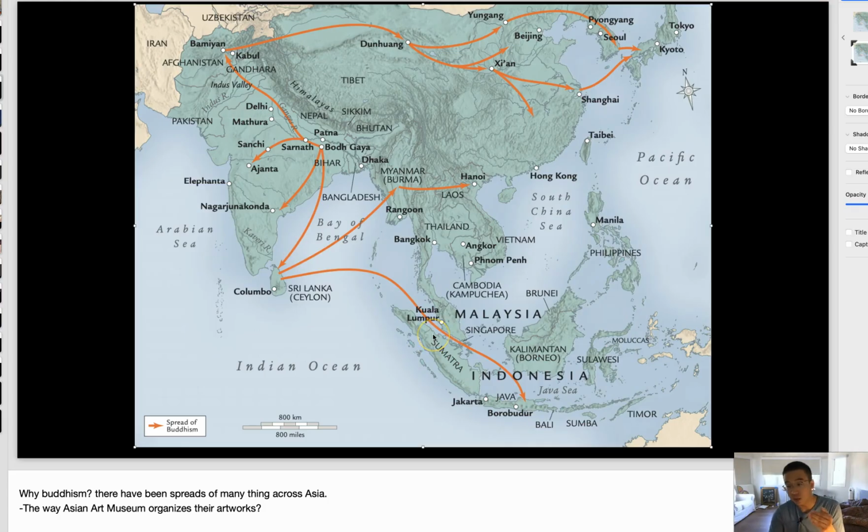That's another way of telling the story in this textbook. So mainly following the path of how religions travel, spread, and disseminate forms the framework of our textbook of Asian art.